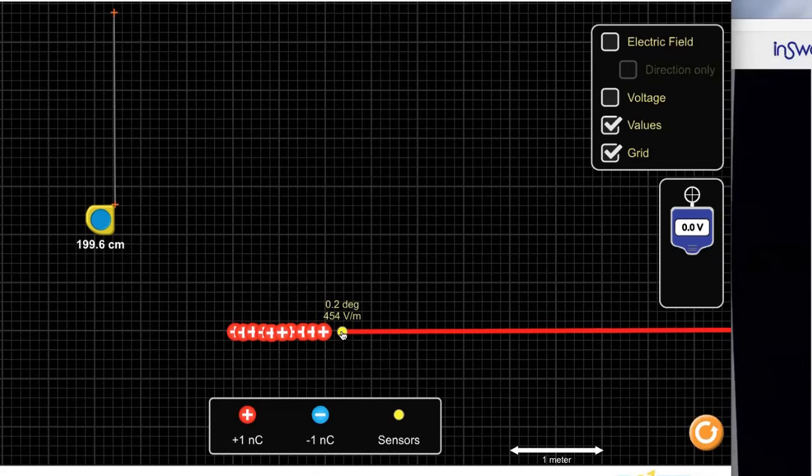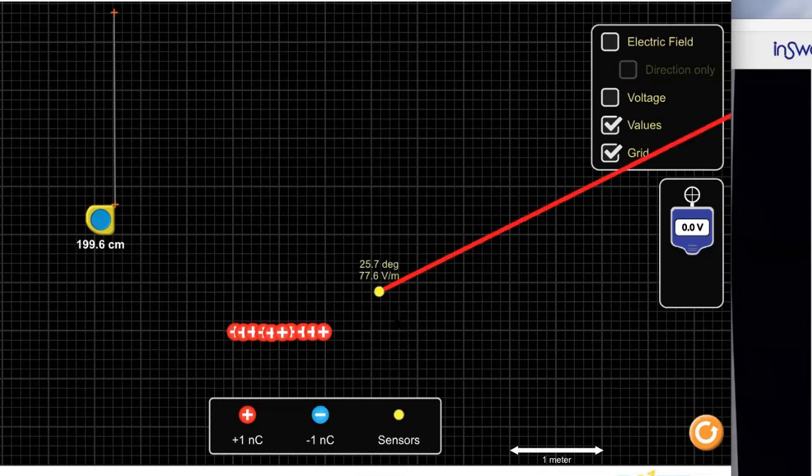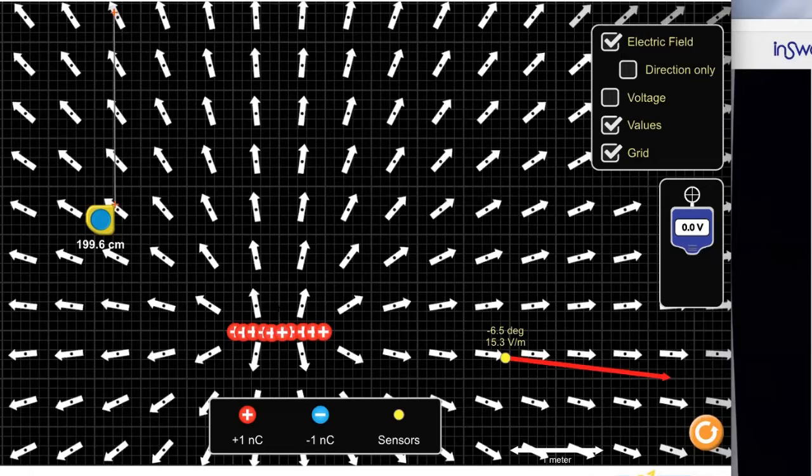But it dies out. So the linear behavior doesn't last that long. Here it looks like it lasted longer, the linear behavior. You see how you can tell by drawing the electric field lines. Here the electrical field is more straight, concentrated. Here they diverge out quicker. So the linear behavior here doesn't last as long as the linear behavior here.